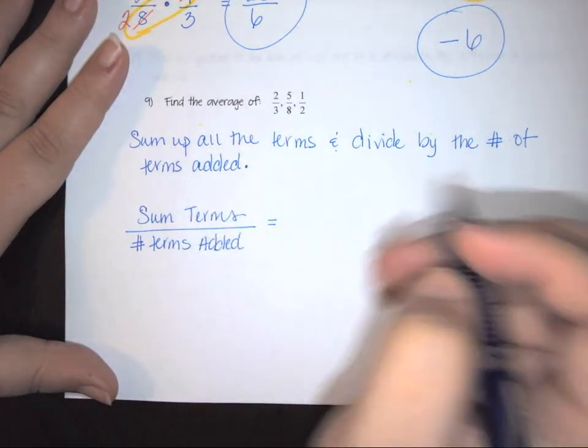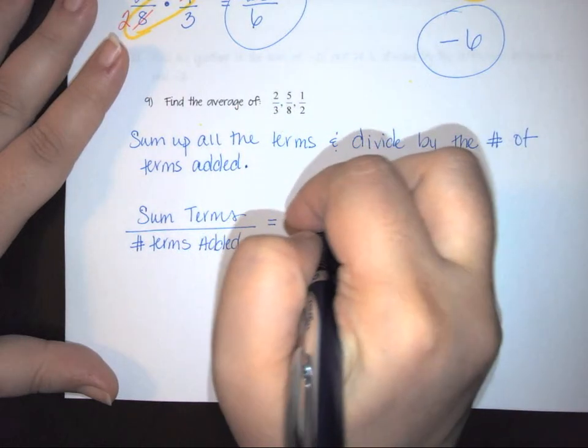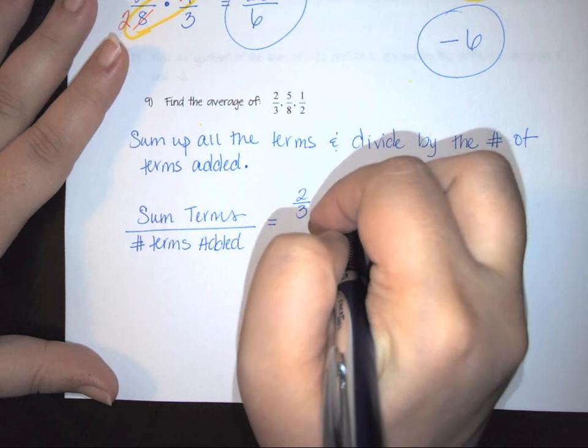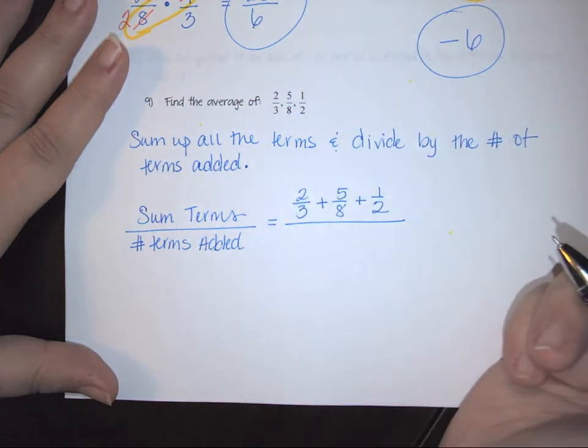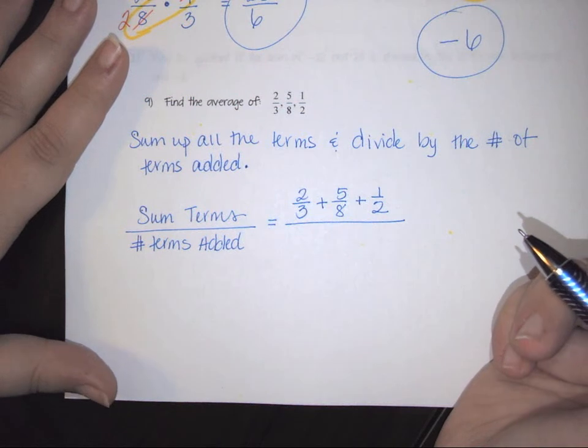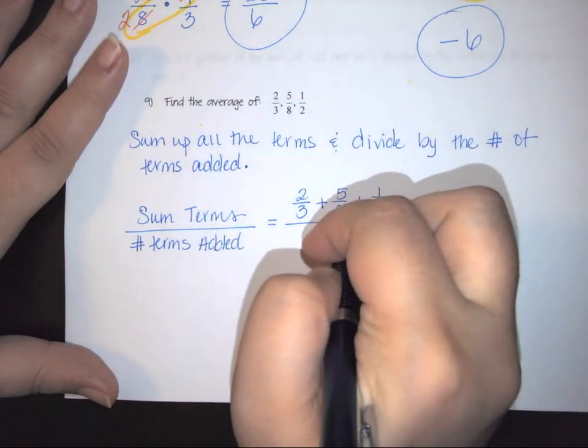So to sum the terms says I'm going to do 2/3 plus 5/8 plus 1/2. The number of terms added would be the number of terms I have. So 1, 2, 3 terms means I got to divide by 3.